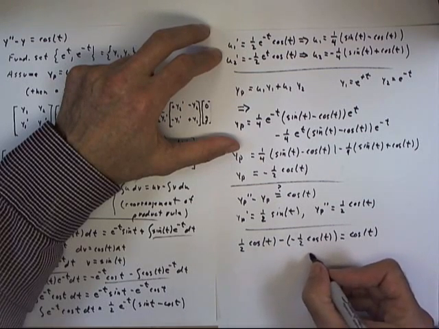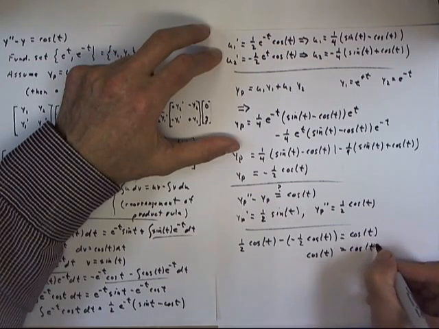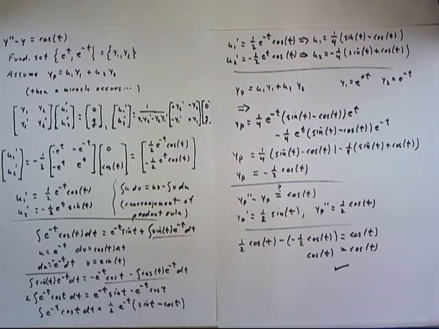Obviously when we add these we get cosine of t equals cosine of t, so our solution checks.